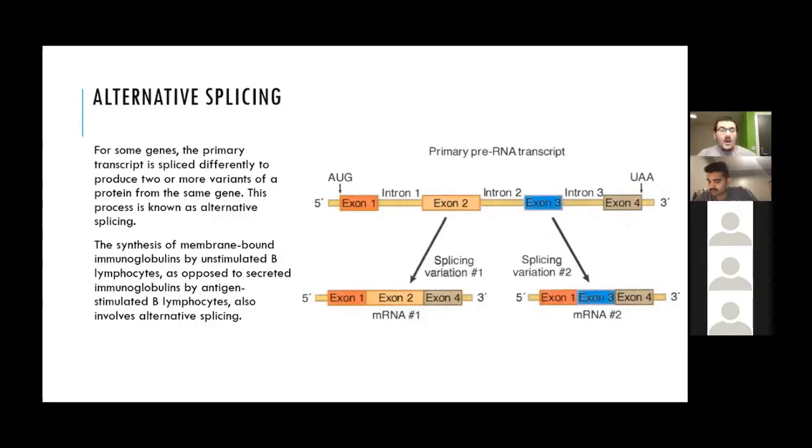What makes the B-cell receptor is a sequence of exons of the same mRNA, and what makes the antibody released when it becomes a plasma cell and starts releasing antibodies is a different arrangement of the exons, but of the same mRNA sequence. So that's something interesting to think about.